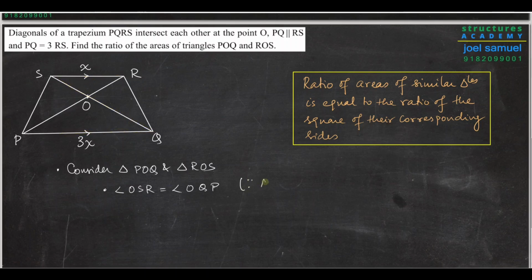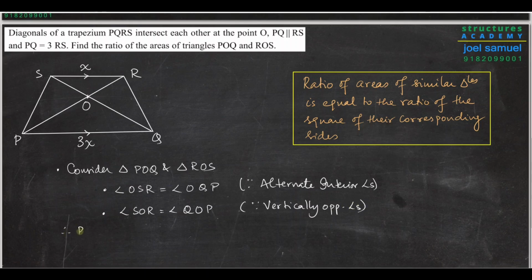So the reason we write here is alternate interior angles. Then we say angle SOR is equal to angle QOP. And these two angles form vertically opposite angles. Therefore, by AA rule of similarity, triangle POQ is similar to triangle ROS.